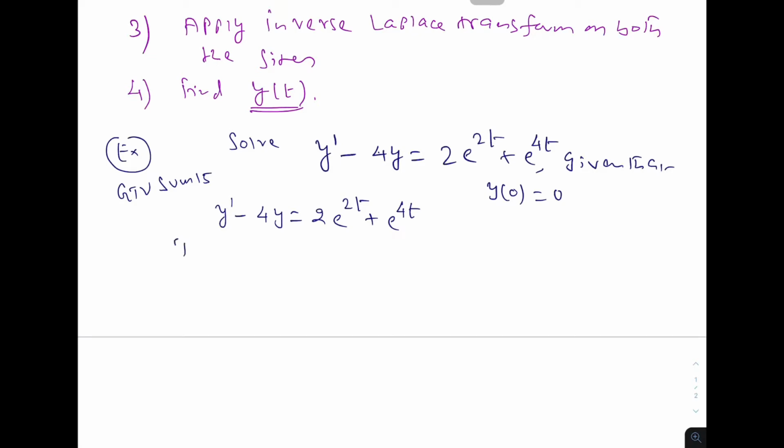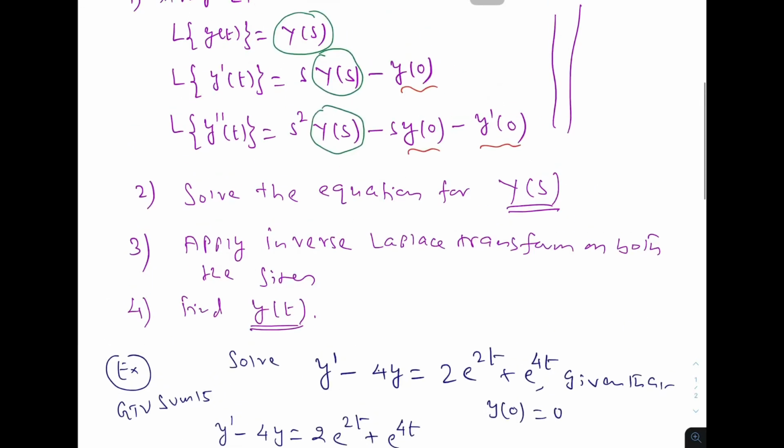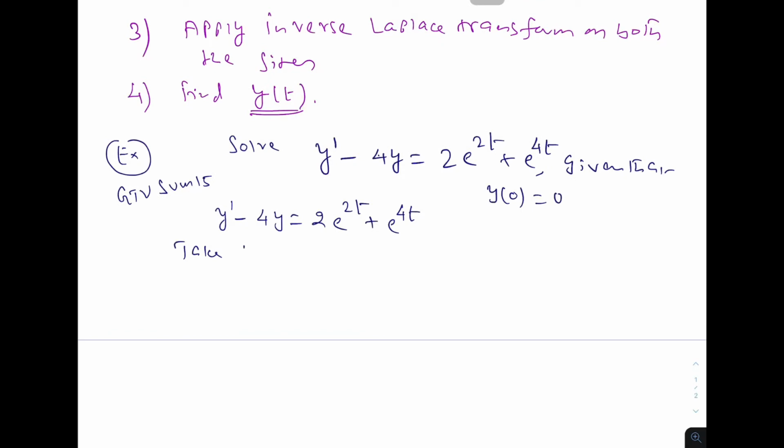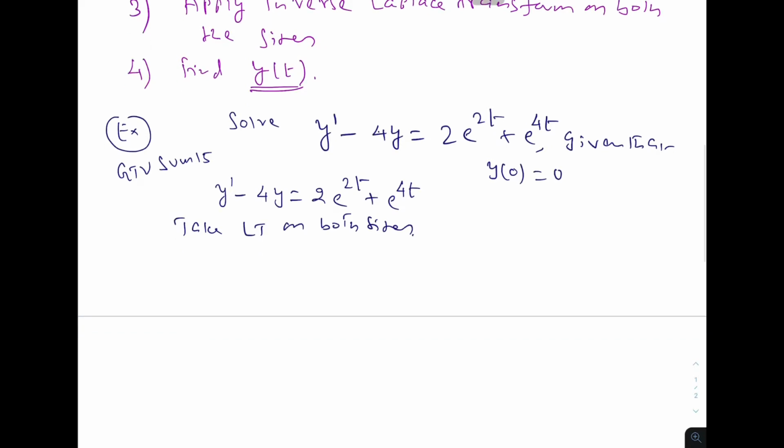Now the first step is apply Laplace transform on both sides. So take Laplace transform on both sides. Then we have Laplace transformation of y dash minus 4 Laplace transformation of y equal to 2 Laplace transform of e power 2t plus Laplace transformation of e power 4t.